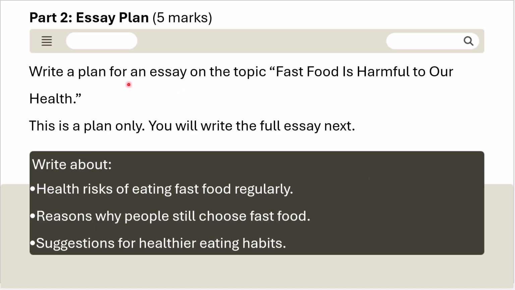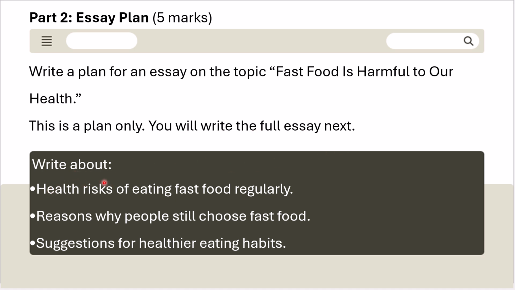And look here, the question is asked in this way. Write a plan for an essay on the topic fast food is harmful to our health. So this is the question given and it is asking you to plan only. So in this part you will plan your essay and here you don't have to write the full essay.